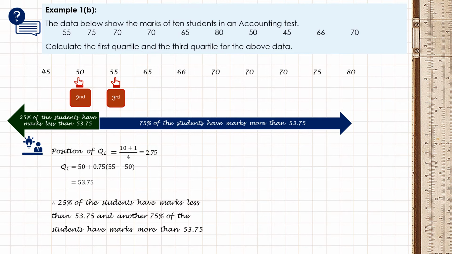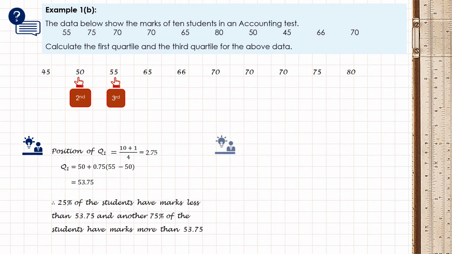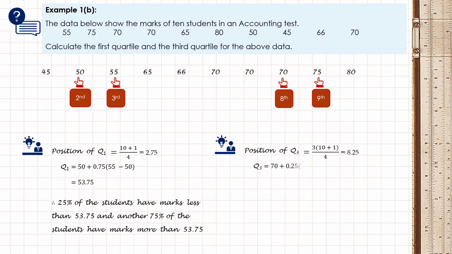Next, for the third quartile, find the position, which is 3 times (10 plus 1) divided by 4, equal to 8.25. So the position of the third quartile is between the 8th and 9th position. So the third quartile is 70 plus 0.25 times the difference between the 8th and 9th values. So the third quartile is 71.25.